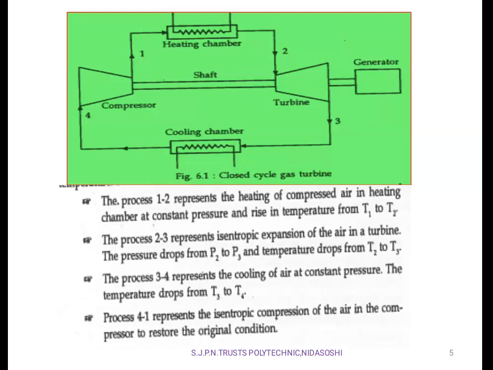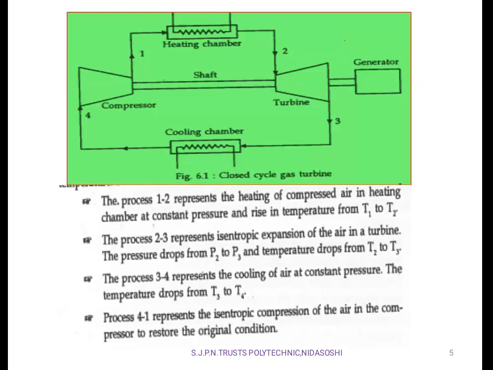In this turbine, compressed air is isentropically passed into the heating chamber. The compressed air is heated by some external source, and it is made to flow over the blades of the reaction turbine.